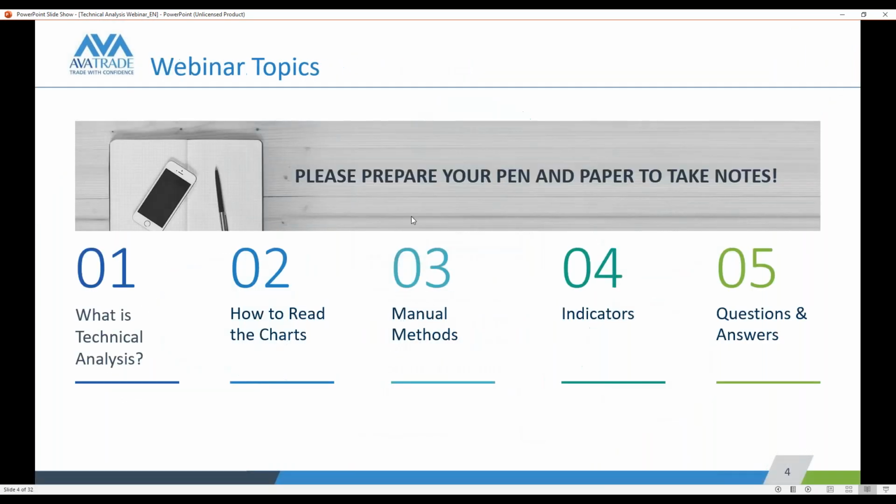Now, when we look at technical analysis, we're basically looking at the historical movements on the chart, which we will do in a moment. We'll get on the live charts and take a look at what's happened in the historical data. And then there are two different ways of doing our technical analysis.